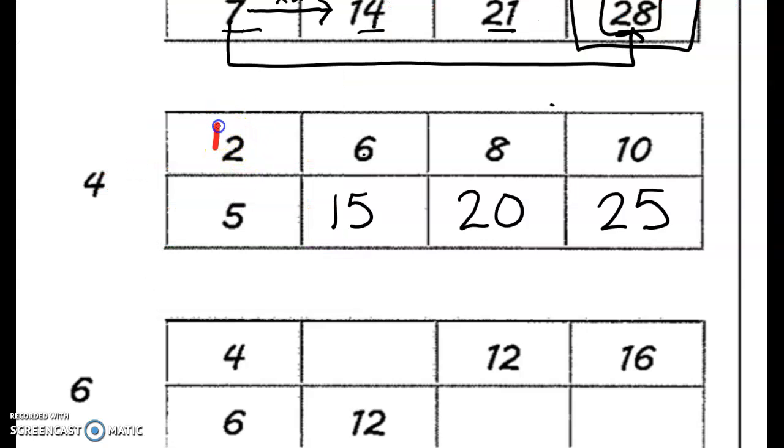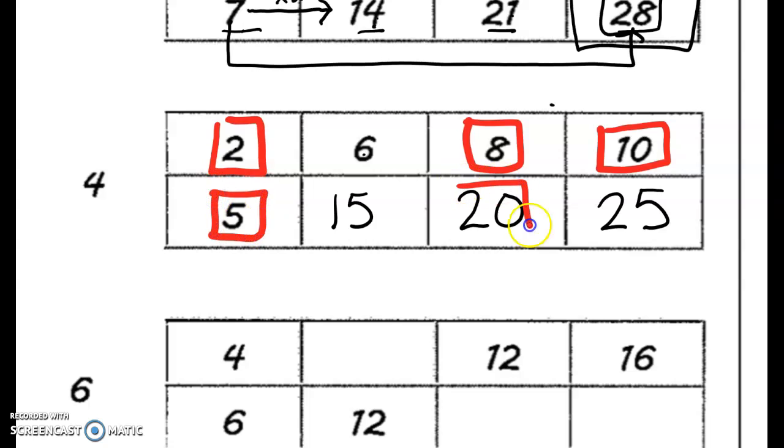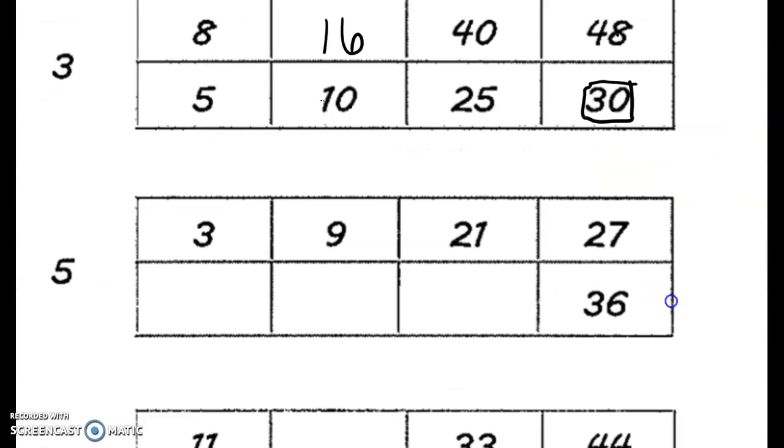Another way to see this is these two numbers right here combined give you 10. So that means these two numbers combined should give you 25, because 5 plus 20 is 25, 2 plus 8 is 10. So that's another way to check to see that you're doing it correctly.